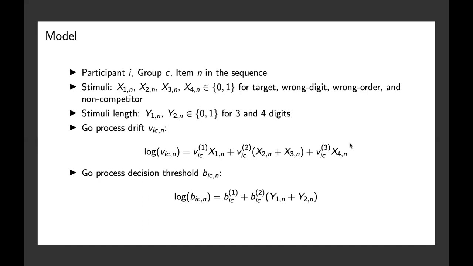For the stimuli type, we use X1, X2, X4, and X3 to characterize whether a stimulus is in the category of a target, a wrong-digit competitor, a wrong-order competitor, and non-competitor.